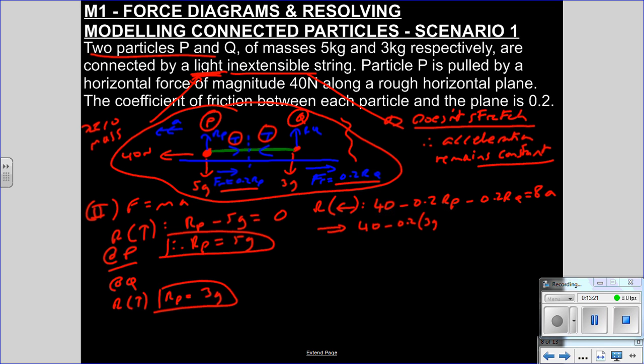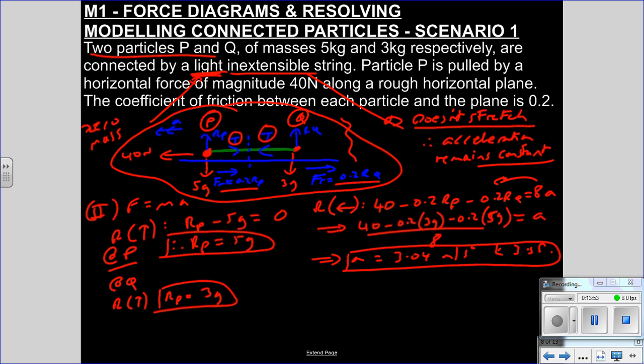So that's 3G minus 0.2 RQ, which is 5G, all over 8 is the acceleration, because I just divided everything by 8, right? So A equals 40, subtract 0.2 times 3 times 9.8, minus 0.2 times 5 times 9.8, all divided by 8. So 3.04 meters per second squared to 3SF because we're dealing with G.